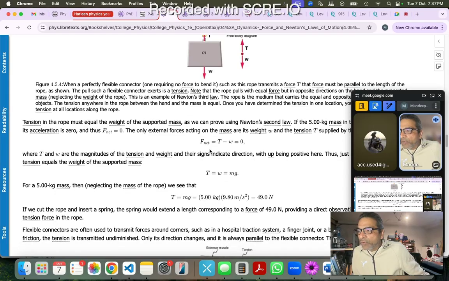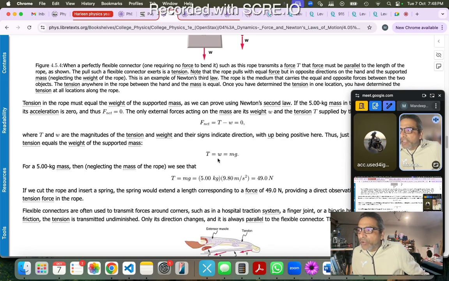The net force acting on it is T minus W. Now there is no movement, neither upward nor downward. That means the F net needs to be zero, and therefore the tension is equal to the weight of the object.